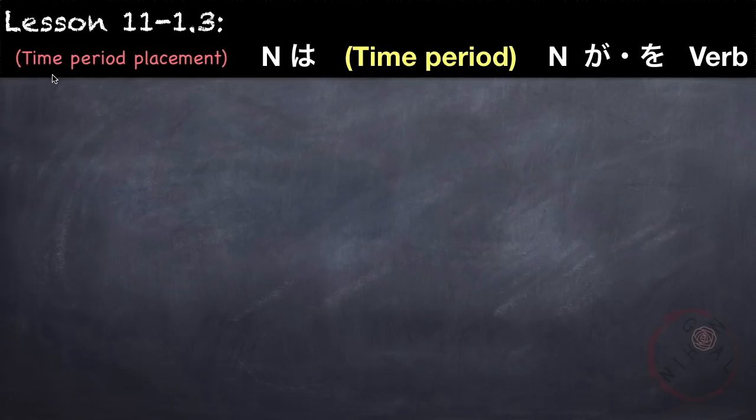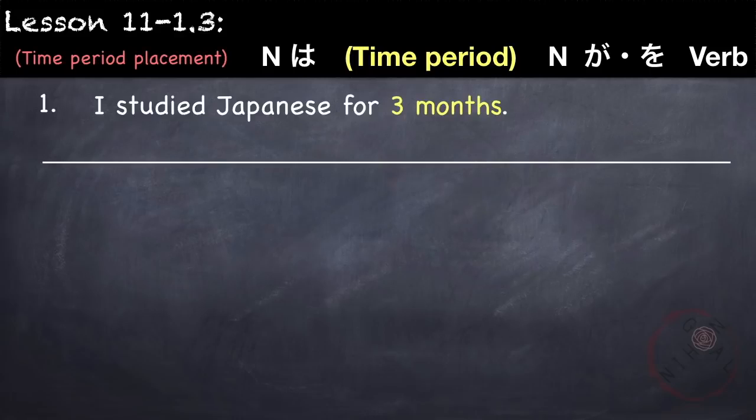So, for time period, the placement is a bit different. It usually comes after the nani nani wa or before the predicate or the main part of the sentence. For example, I studied Japanese for 3 months. So, our topic is you.